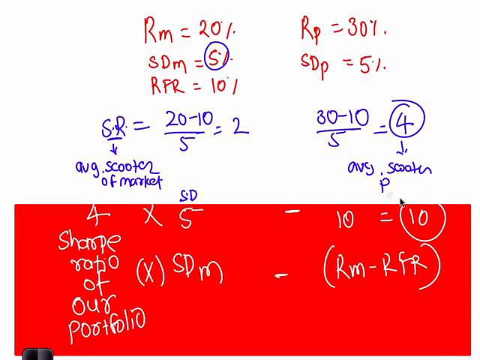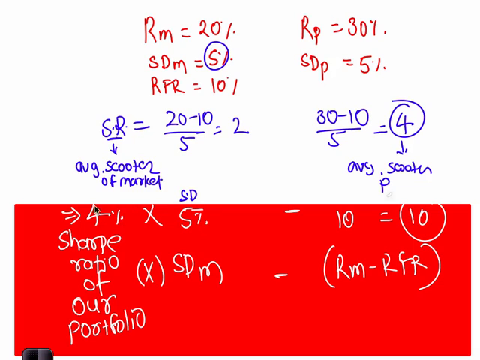Done writing? How do you interpret that? Sharpe ratio means per unit of risk, how much extra return do we earn over and above RFR. So our portfolio per unit of risk has been able to earn extra return of 4%. So market took risk of 5. How much extra return market should have earned?